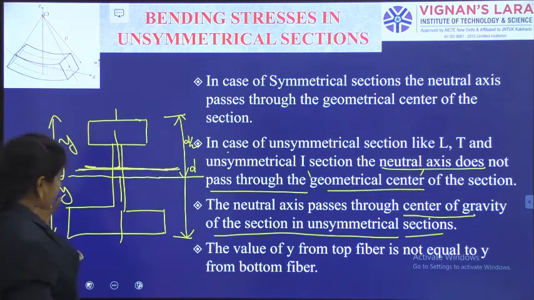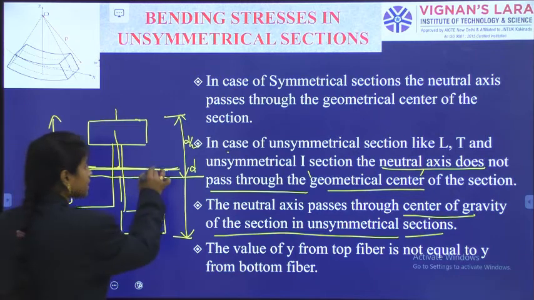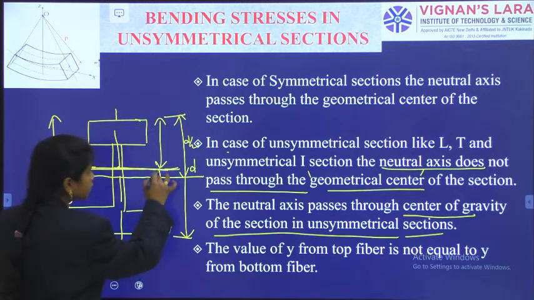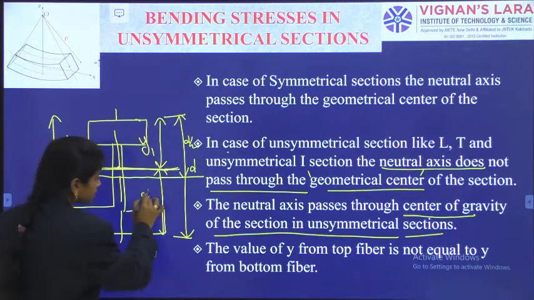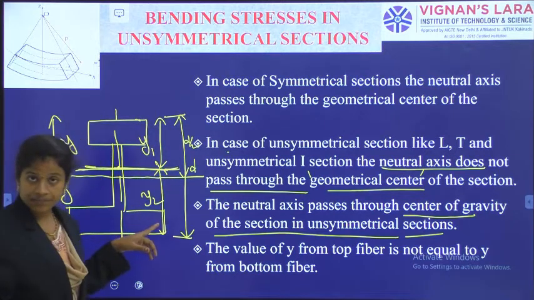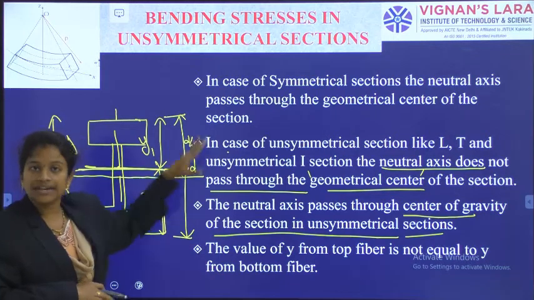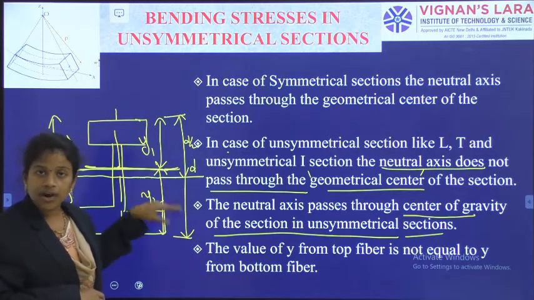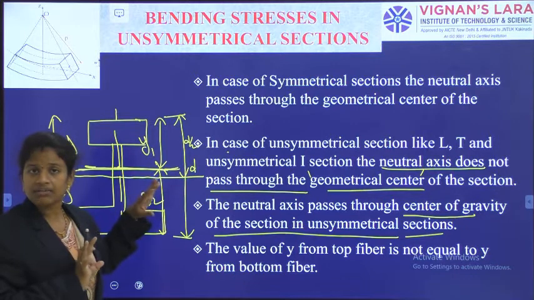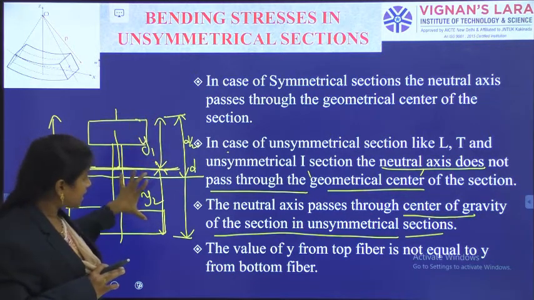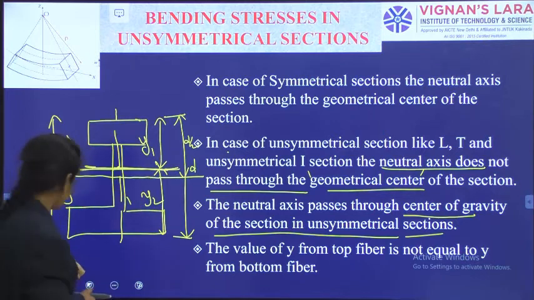But in case of the centroidal axis line, because those two do not coincide, this y and this y are different. The geometrical center line divides into equal depths, but the center of gravity will not give equal depths. That's why this height and this height are different.